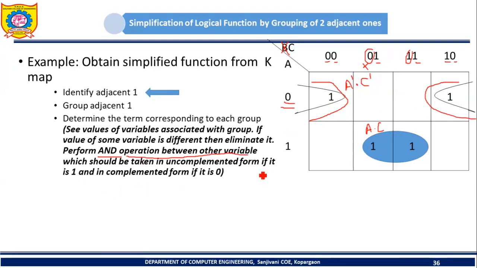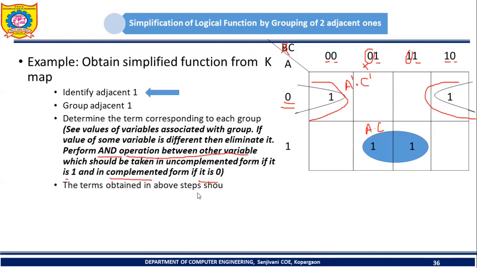Okay, so see, a variable should be taken in uncomplemented form if it is 1, and it should be taken in complemented form if it is 0. So in this way we have identified two groups and the terms corresponding to those two groups. Then what is the next step?